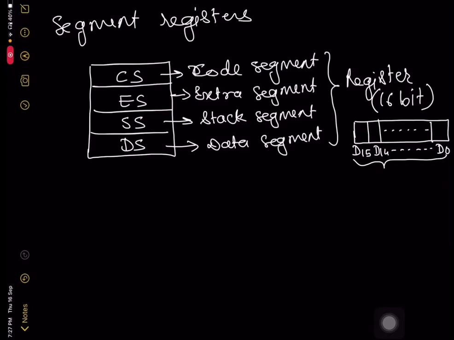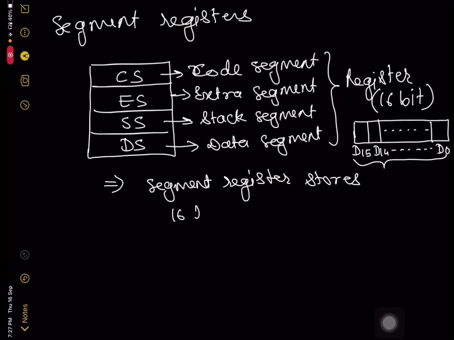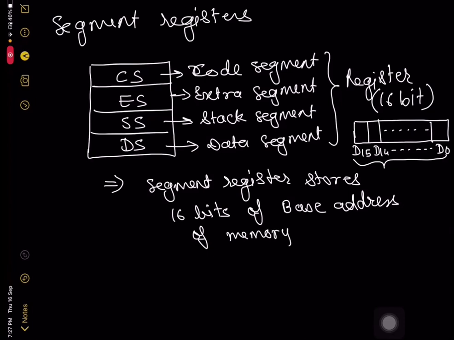Now what 16 bits are stored in this segment register? You should remember that a segment register holds or stores 16 bits of the base address of memory segments.